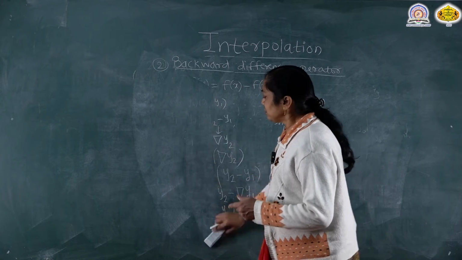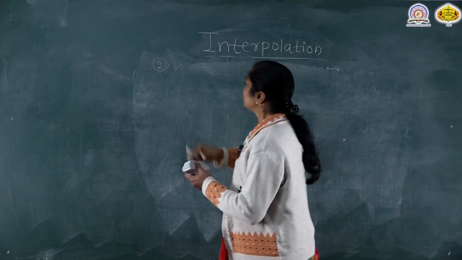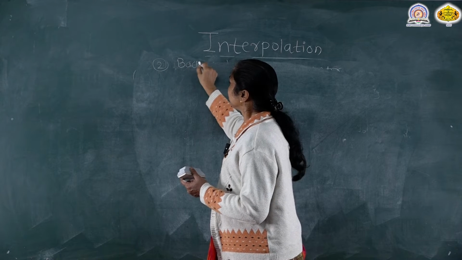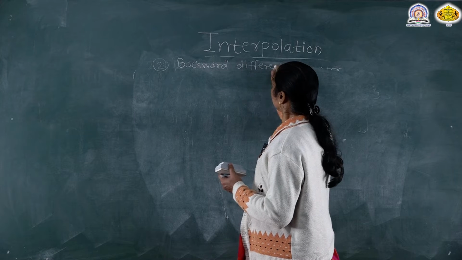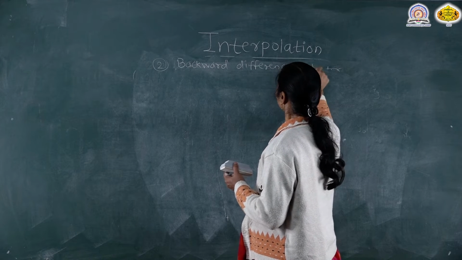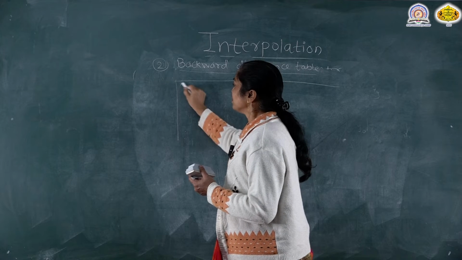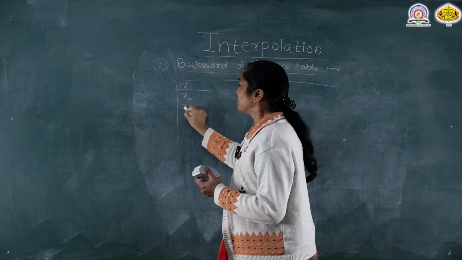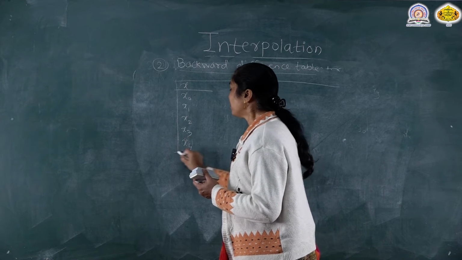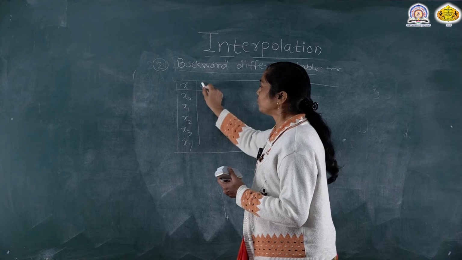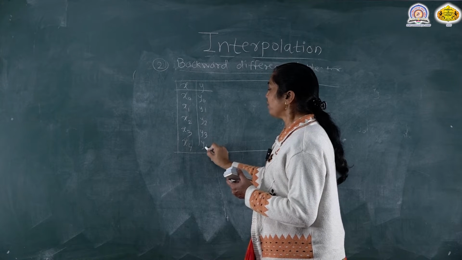So if you find the backward difference table, what we get? So consider the backward difference table. Given the values of x and y, suppose the values of x are given to be x0, x1, x2, x3, x4. The corresponding values of y are given to be y0, y1, y2, y3 and y4.